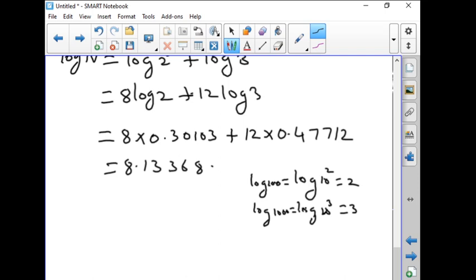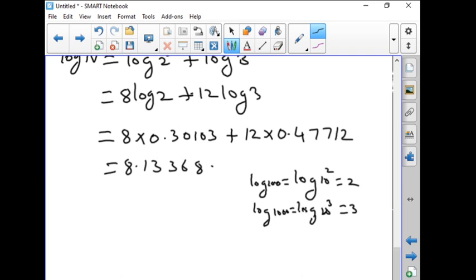So, here how many digits are there? 3 digits are there. Log 100, there are 3 digits. So, we have 2, 2 zeros, 2. 1000, 3 zeros, we have 3. Okay. And here we have 8.13368.